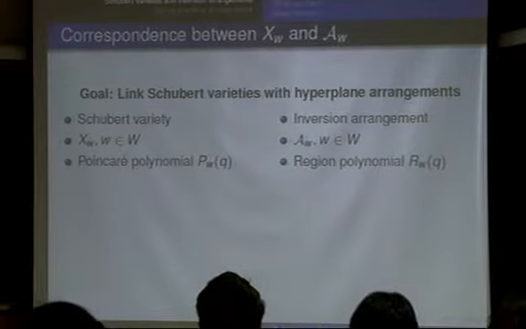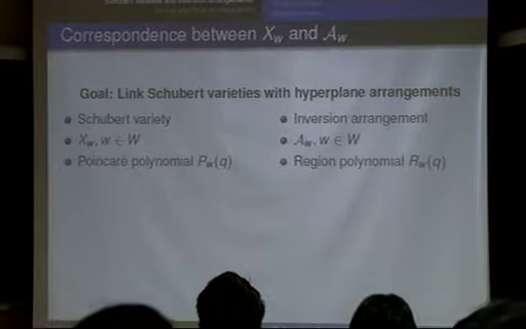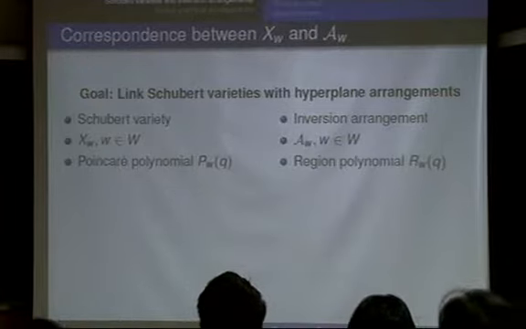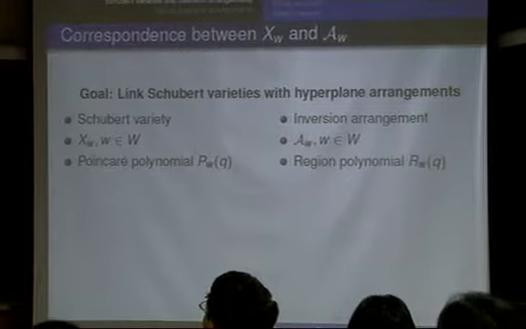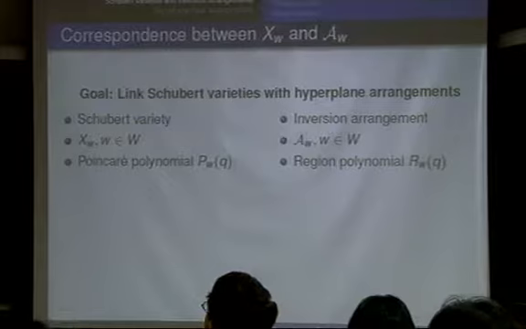On the other side, in a hyperplane arrangement, we have these regions. Regions are the connected components of the complement of the hyperplane arrangement. If we count regions carefully, we get a polynomial called the region polynomial.